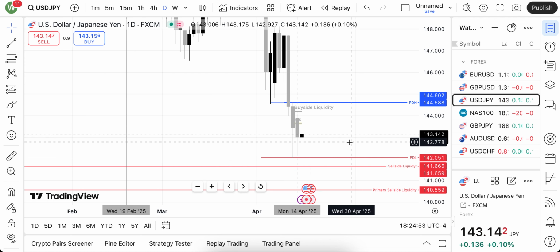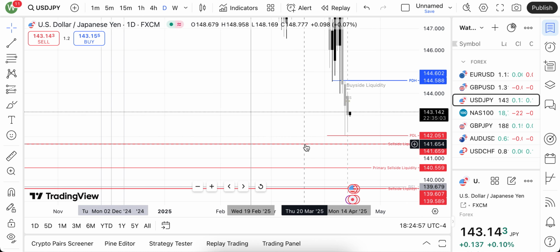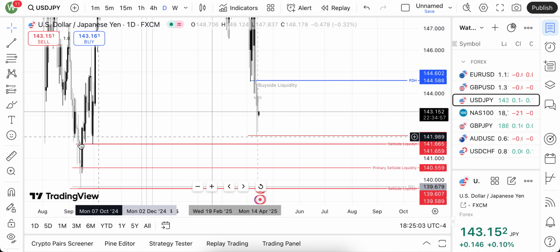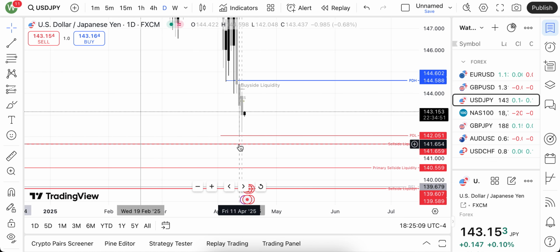But what we noticed was that price didn't quite hit sell side liquidity from last year, which sits around this point here. So we marked that out. If you look at the data, that's around September 2024. This is the candle for Friday, and we saw the price didn't quite trade into that sell side.